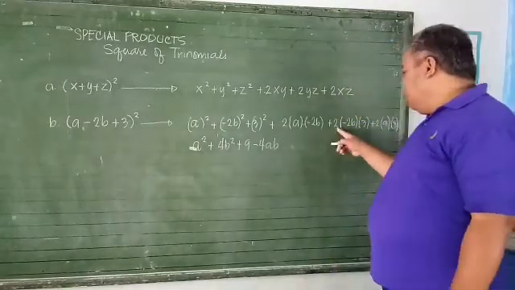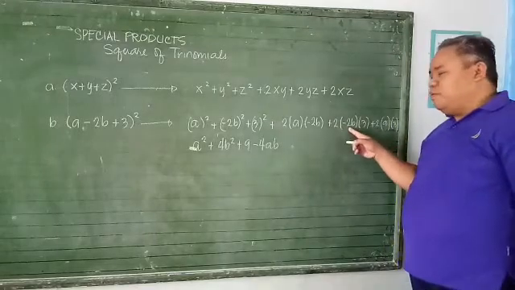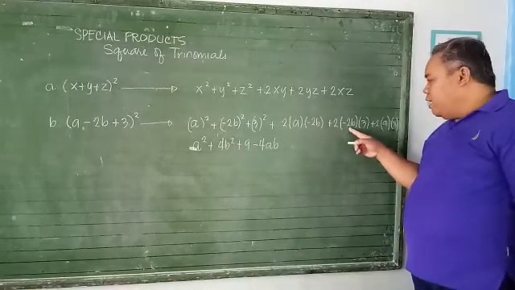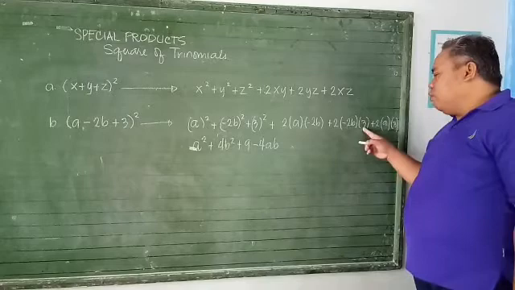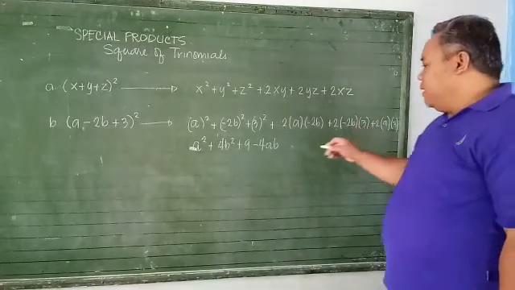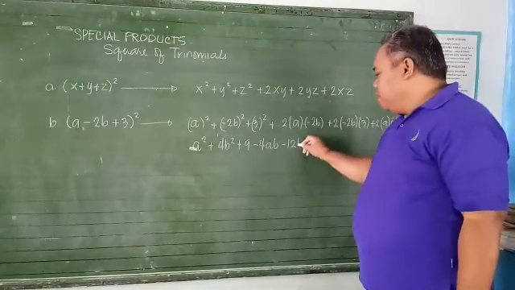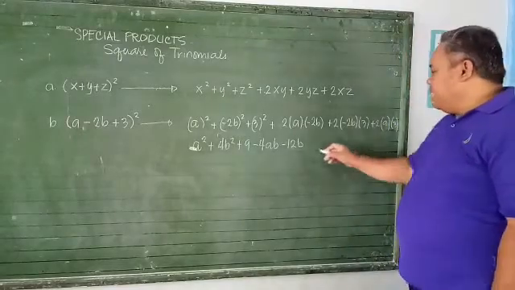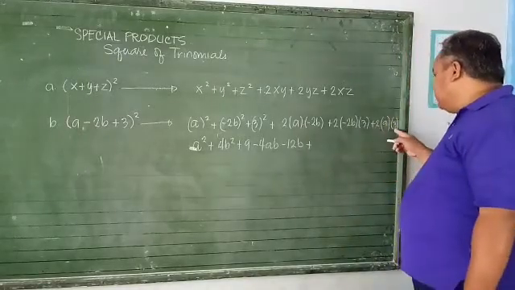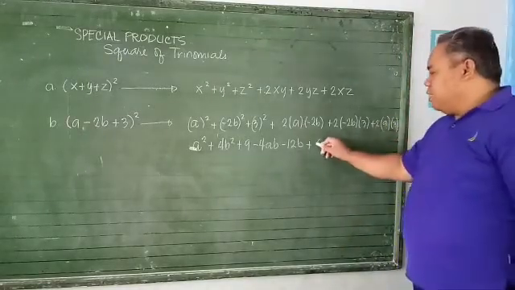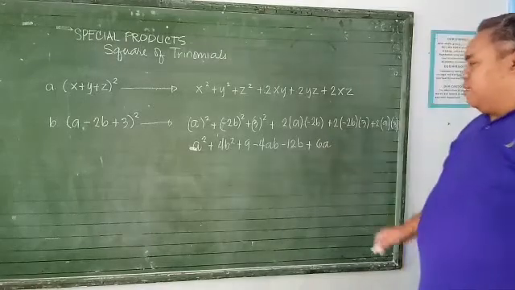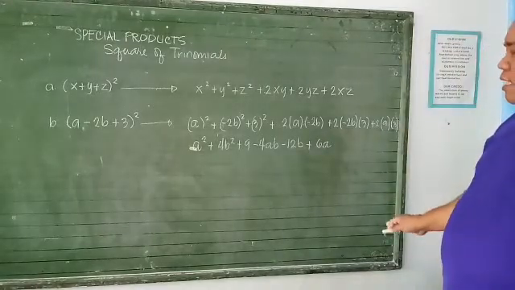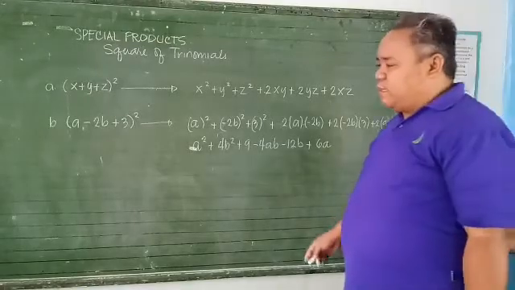So this could be negative 2 times negative 2 give you negative 4 times 3 is negative 12 times b is negative 12b. And then plus, this is 2 times 3, 6 times a is 6a. Okay, so that will be your answer for that trinomial.